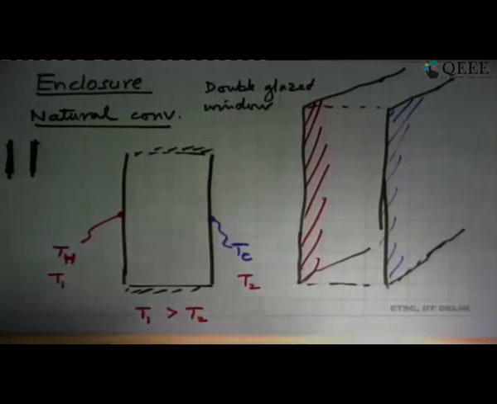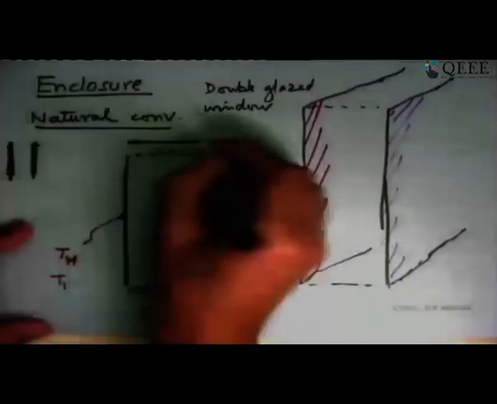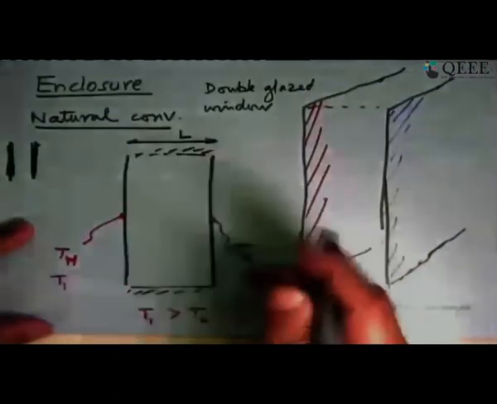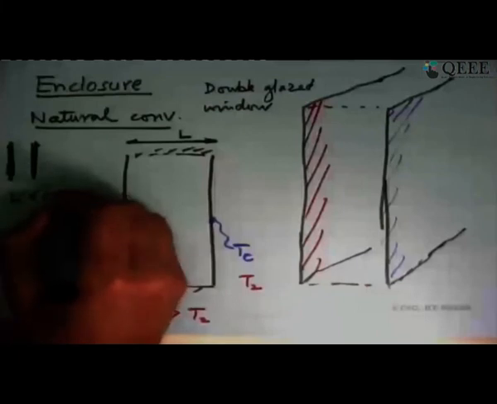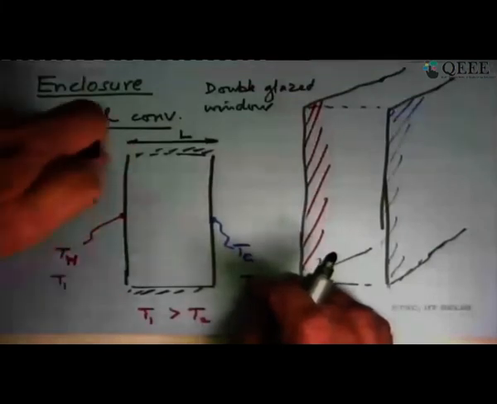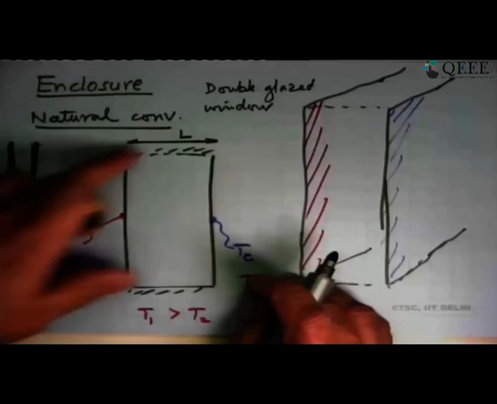The important parameter here we are assuming is that the spacing, which we may call L, is much less than the sides of these plates. The dimension of the plate normal to this is 10 times, 100 times, 1000 times greater than L.